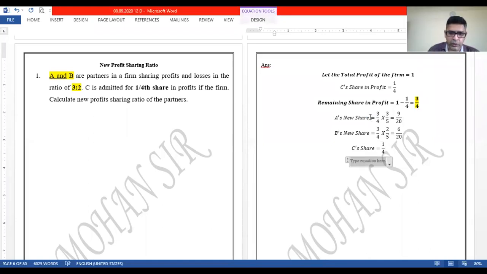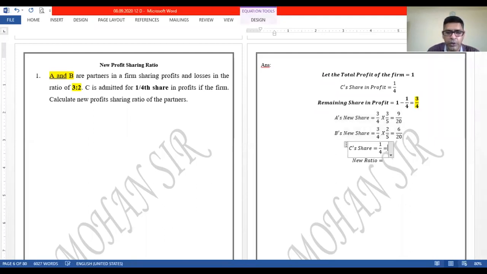Now I need to calculate the new ratio. Whenever I have to mention the ratio, I have done this earlier also with you, the denominator part has to be the same. Whenever the new ratio has to be mentioned, the denominator part of A, B and C has to be same. For A and B, we can see that it is 9/20, 6/20, but for C, it is 1/4.